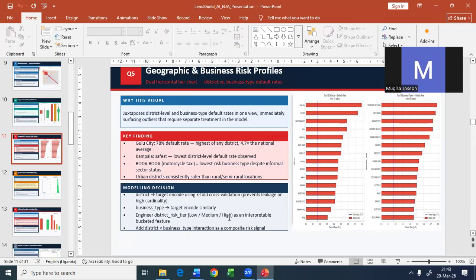And therefore we come out with a modeling decision. We say we have to encode the district, because there is an impact of a borrower coming from a district, whereby borrowers from different districts have different defaulting rates.